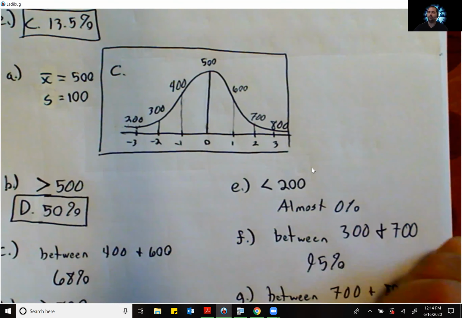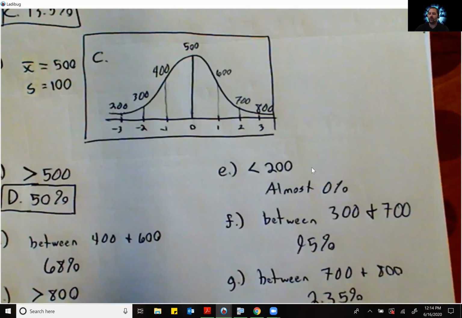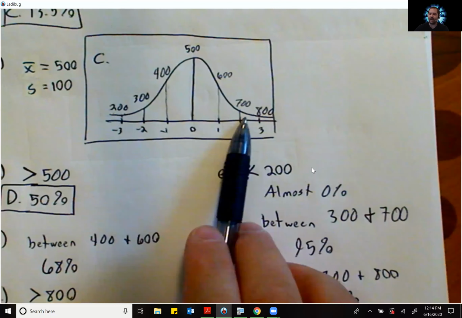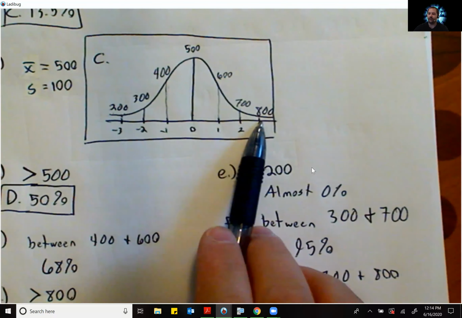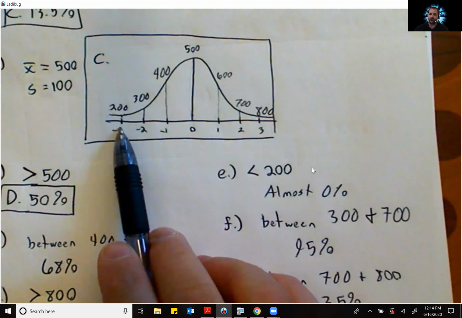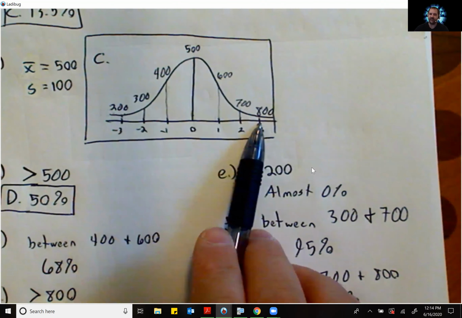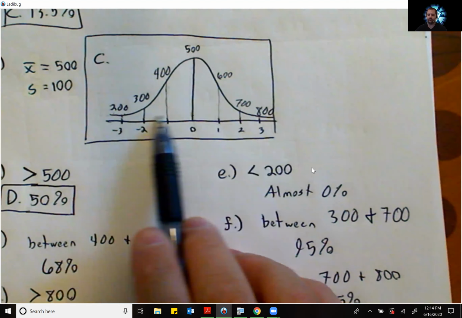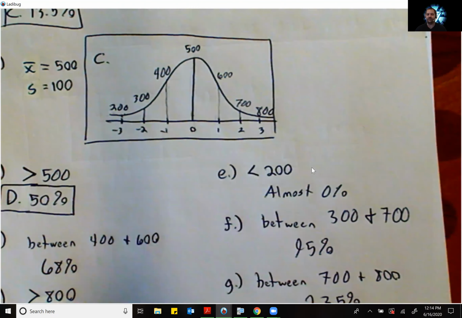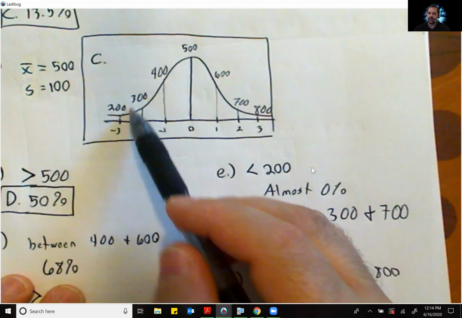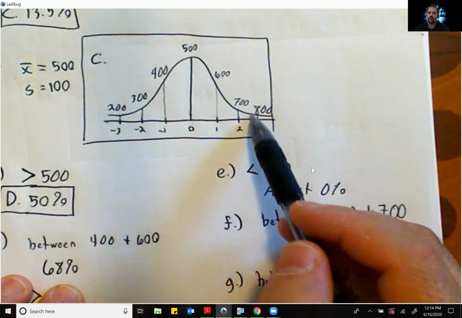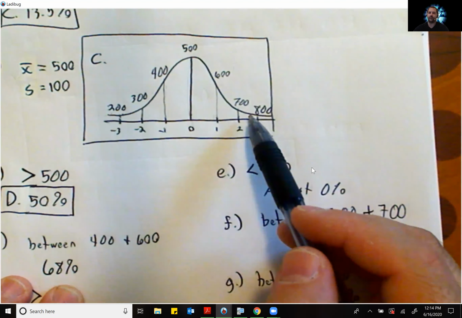Reason being, when you're right here, to figure this guy out, from -3 to +3, that's 99.7. Subtract out the 95% in the middle. That gives you 4.7. So this little sliver and this sliver give you 4.7. Cut that in half and you get 2.35.